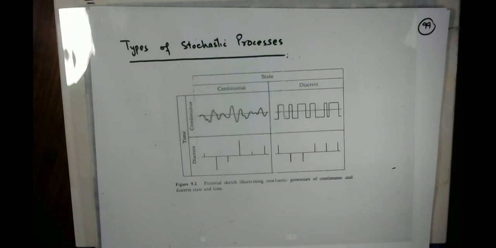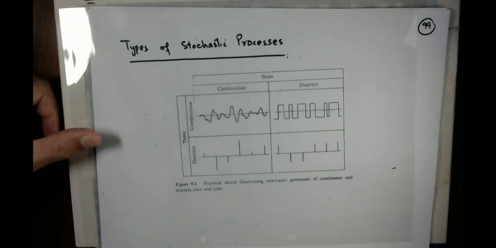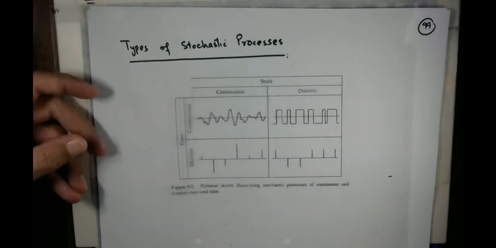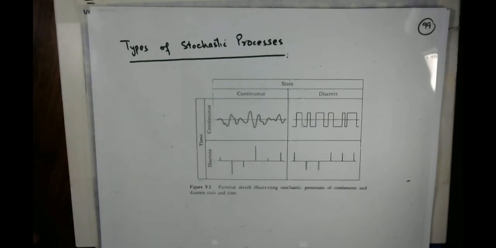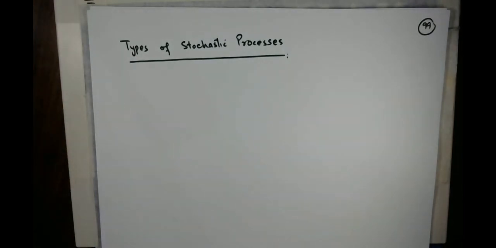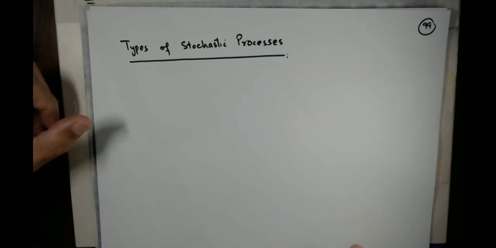So dear students, now we have been able to discuss the 4 types of stochastic processes with respect to the state and time. We have given a few examples of that as well. But I told you we can obtain random variables from a random process or a stochastic process.